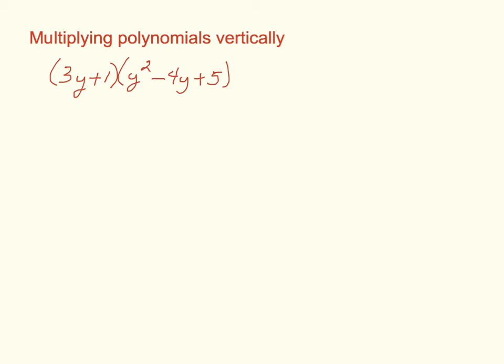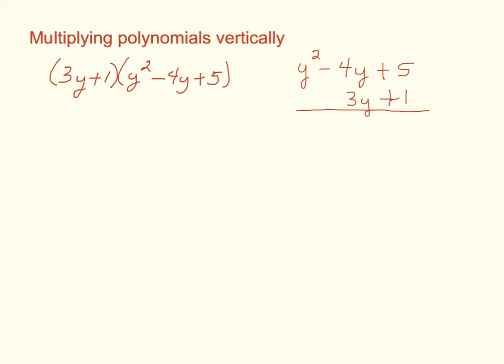Now, if you're given a polynomial to multiply times another polynomial, you can also set it up vertically, kind of like we do with regular multiplication if we multiply two numbers. But watch how. I'm going to take the problem as given to me and rewrite it, one right underneath the other one.